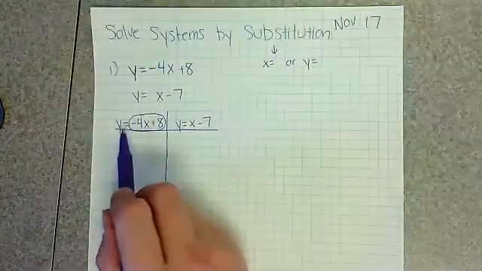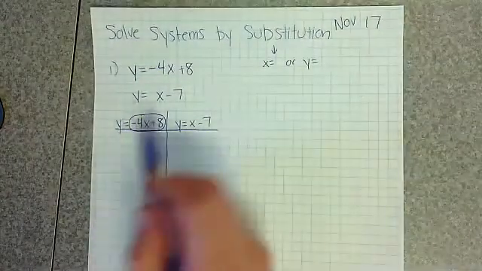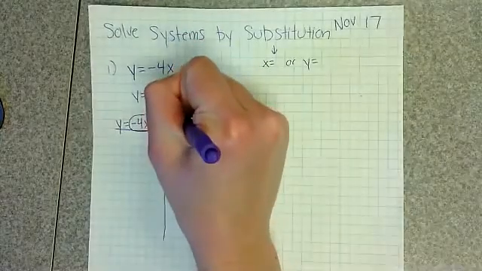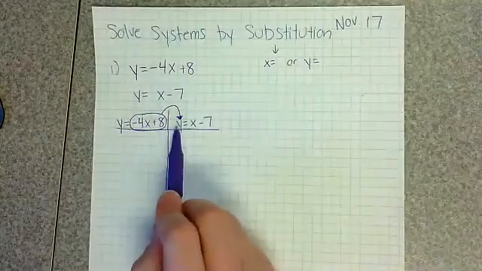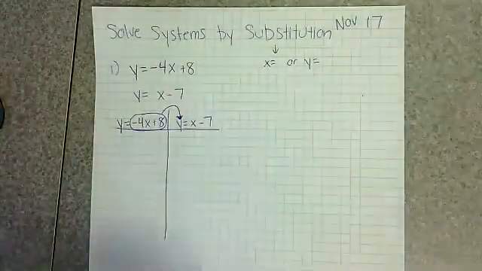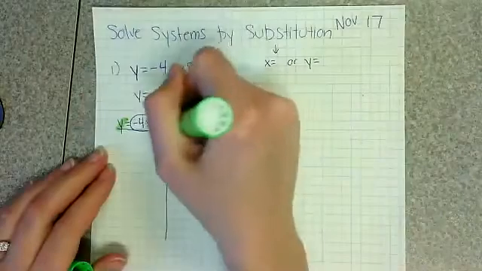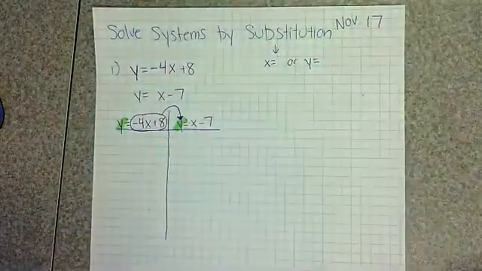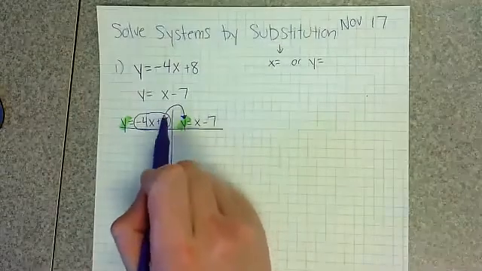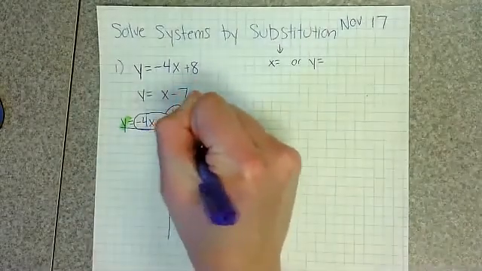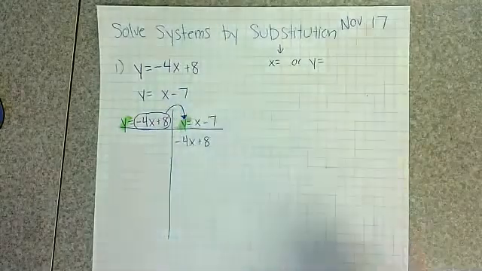And because it's y equals, this is going to be substituted in for the y. So my new equation, I'm going to follow my arrow, would be negative 4x plus 8.